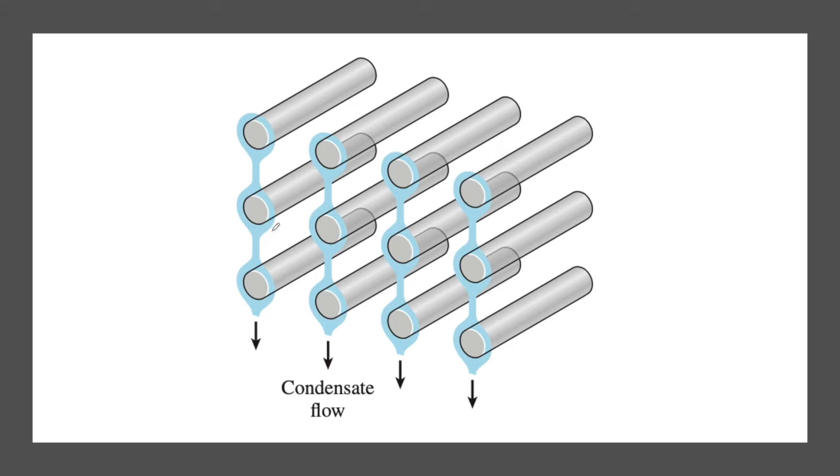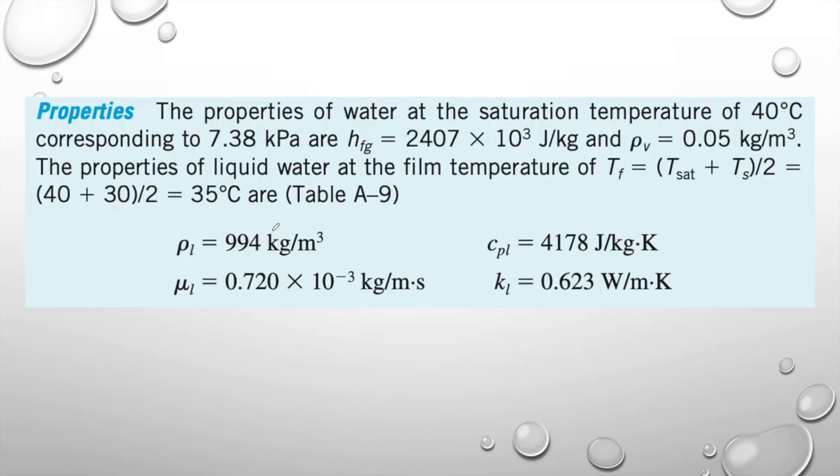Since the question is the same as before, I've already mentioned the 7.38 kilopascal for the T saturation, and this is the same as the previous video, but with some modification where we have tube banks.